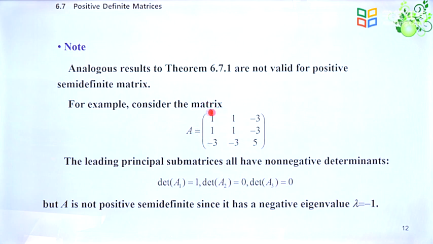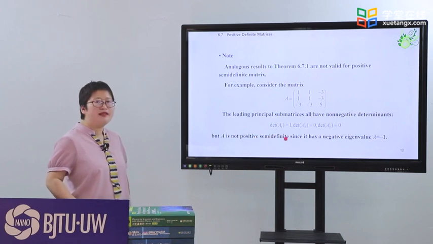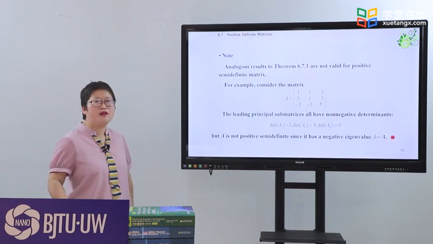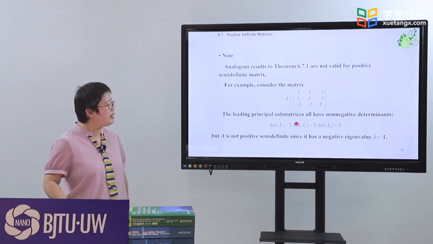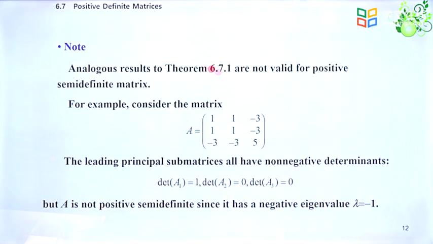For the second leading principal submatrix, the determinant is 0. And for the last leading principal submatrix, the determinant is 0. However, A is not positive semi-definite. It has a negative eigenvalue lambda equals -1. A matrix is positive semi-definite if and only if all its eigenvalues are non-negative. Okay, and you have one eigenvalue exactly equal to 0.